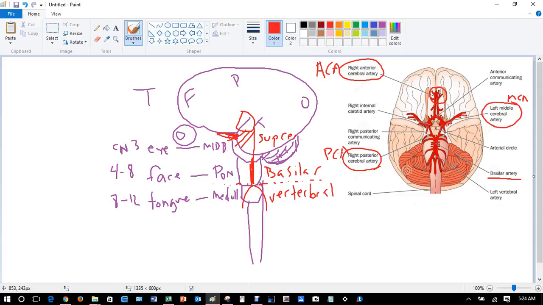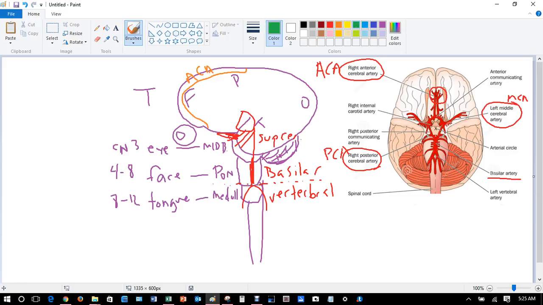Now, if we were to draw this brain up here, or do this brain on the side here, we understand that the, choose another color. How about orange? So the anterior cerebral artery gets this inside middle front region there, and that's ACA. Then let's choose another color.